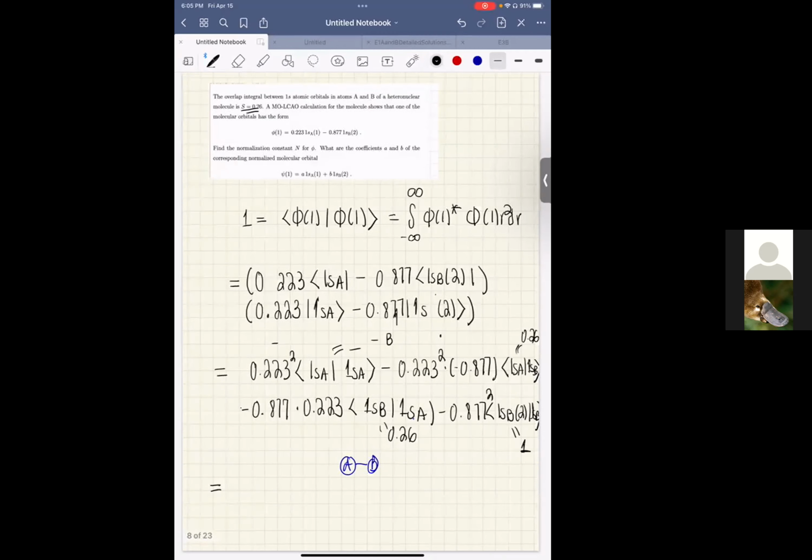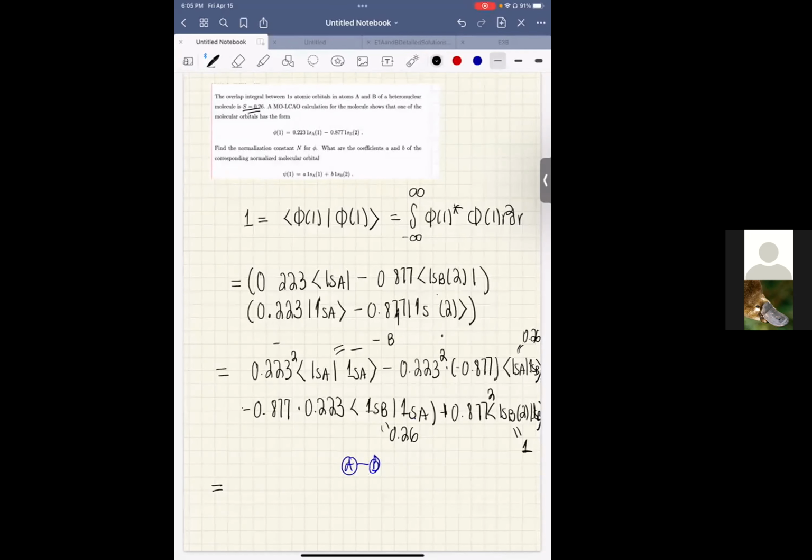Oh wait, it's going to be plus and minus 0.8 squared.